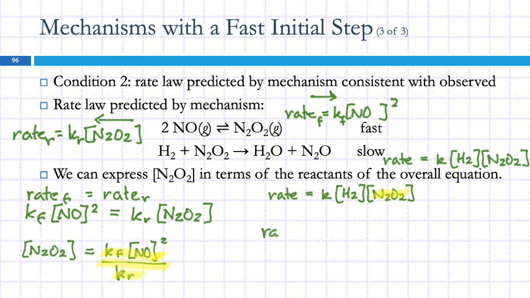So rate is equal to rate constant times H2 times K forward NO squared over K reverse. So again, this is what I subbed in for N2O2.